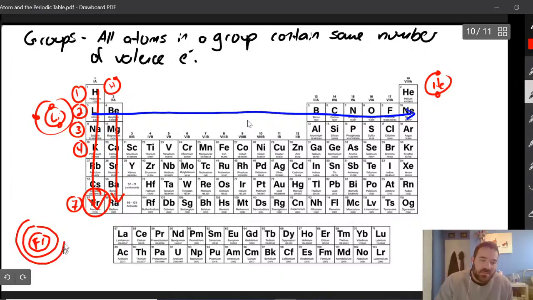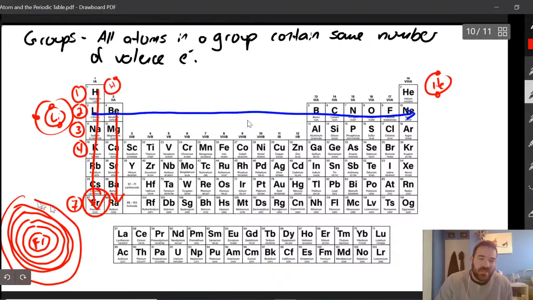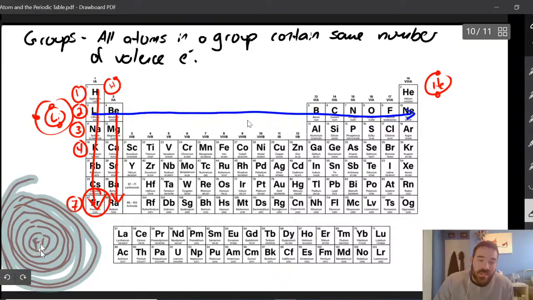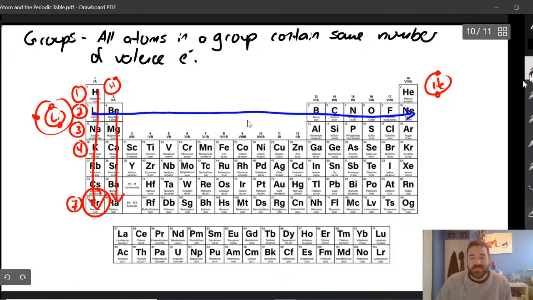And as you can see, doing Bohr-Rutherford diagrams like this starts to get unwieldy after a while, because 1, 2, 3, 4, 5, that's still only 5. It just doesn't make sense to draw all the orbits. And because the electrons that aren't on the valence shell don't really affect the bonding characteristics of the atom, it's nice just to use the Lewis dot diagram and just draw the one valence electron.